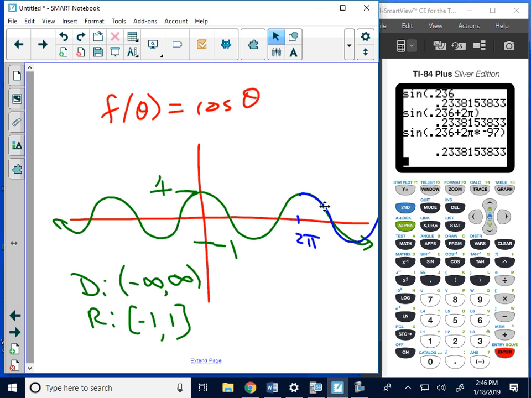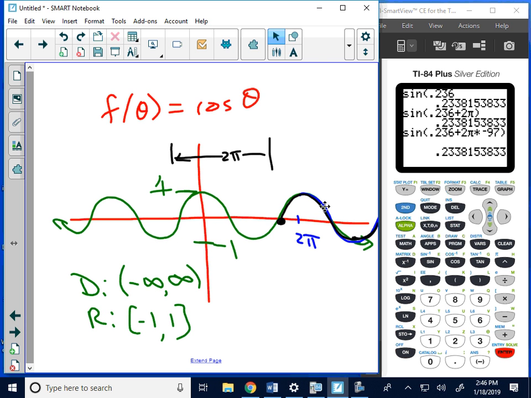Now, whether you go wave top to wave top like that, or whether you do a different section of the wave, you could go from here, it is 2 pi. That's the wavelength. I could take that and again repeat that and get the same picture. So the fundamental period is still 2 pi.